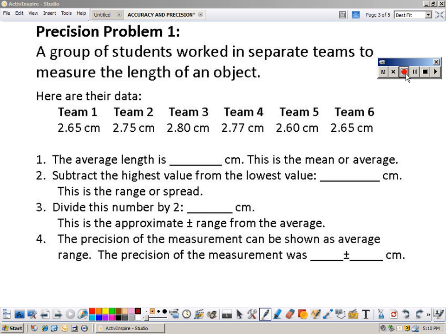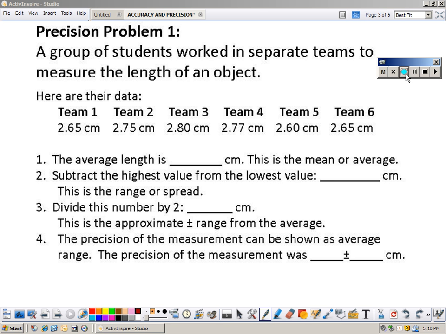Each of them took the length of an object and they came up with these measurements. If you look at all these measurements, they're all pretty close together. There's not a big difference in these measurements. So they're pretty precise. We're going to go through a series of questions to figure out how precise.